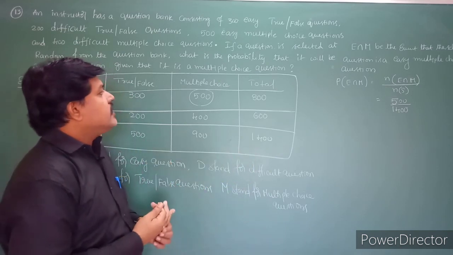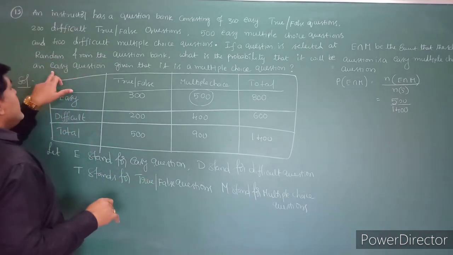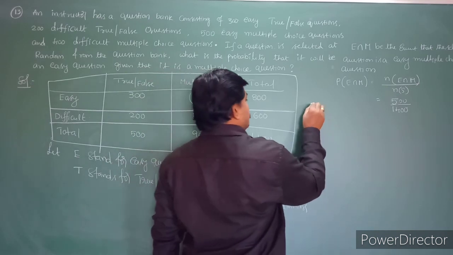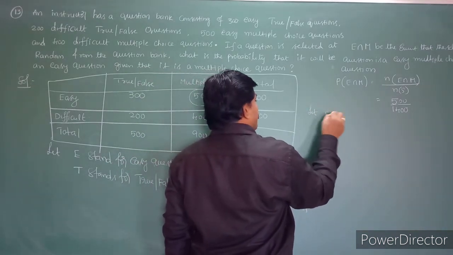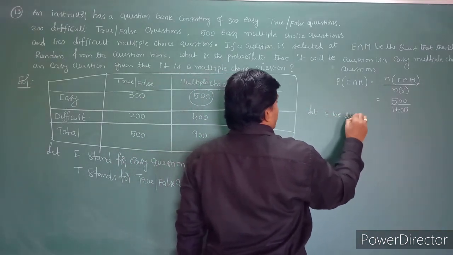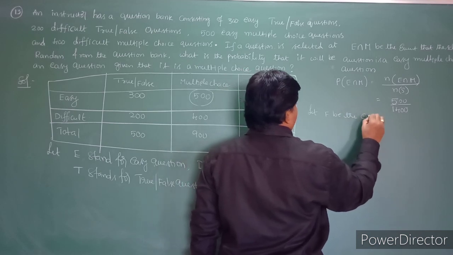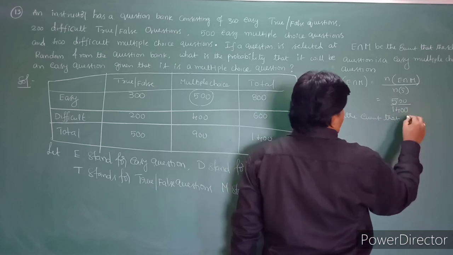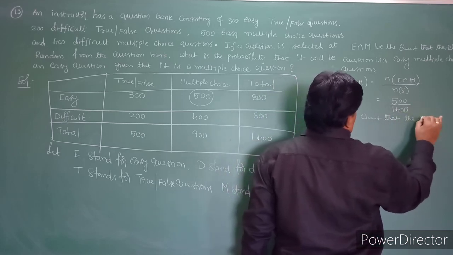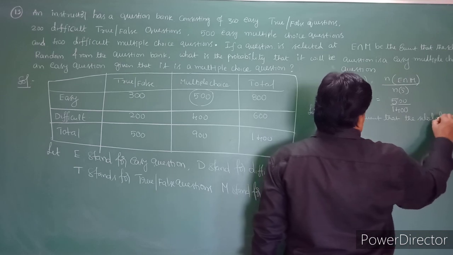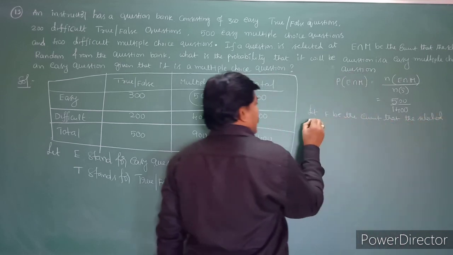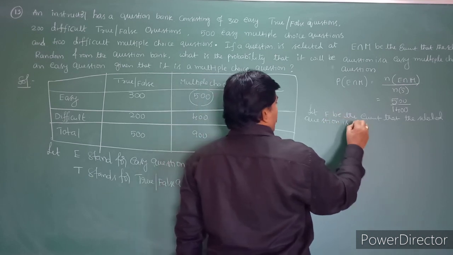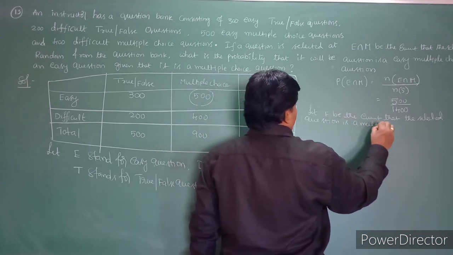Okay. So the next one is, what is F? F is a multiple choice question. Let F be the event that the selected question is a multiple choice question.